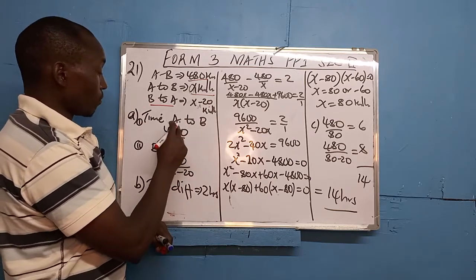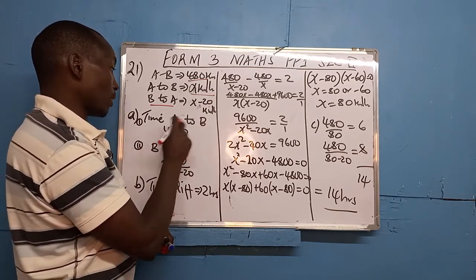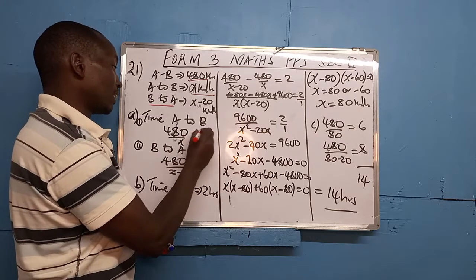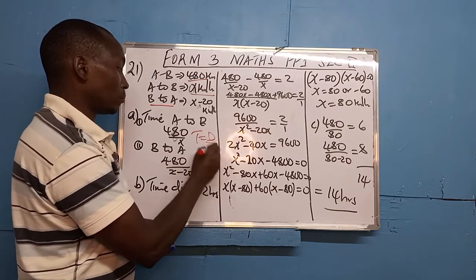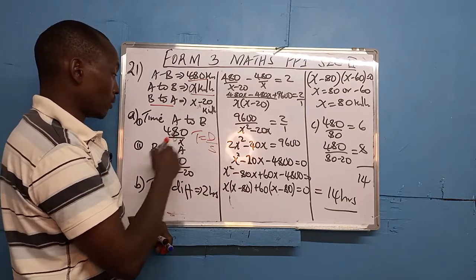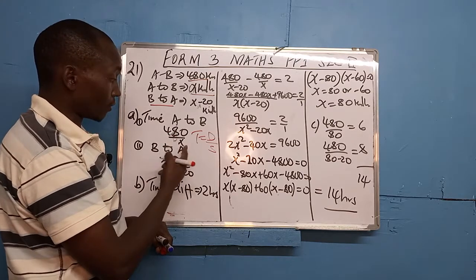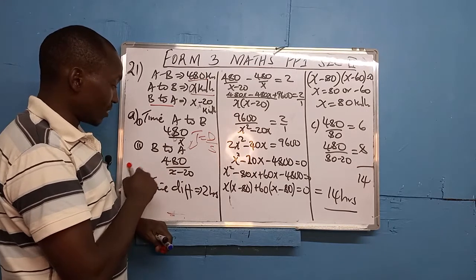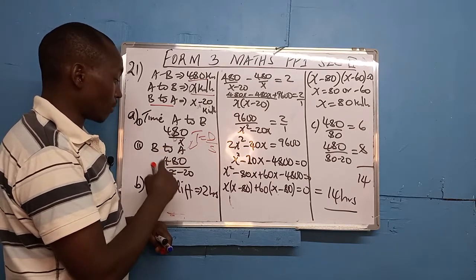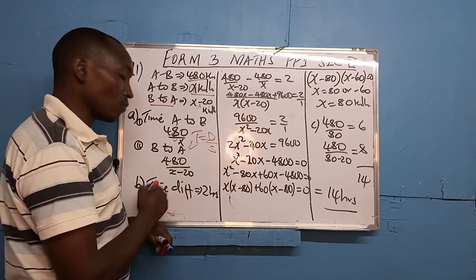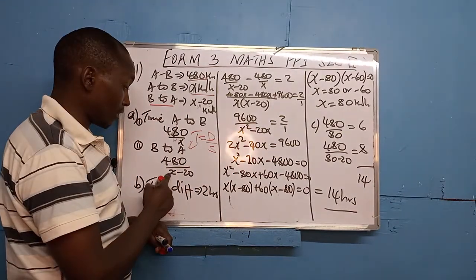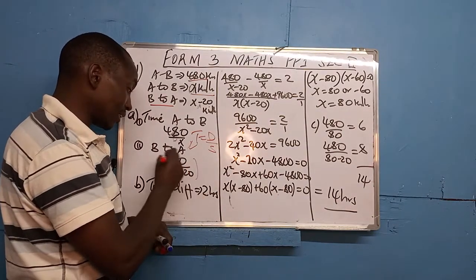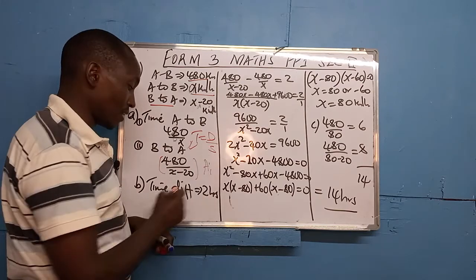So the expression for the time taken from A to B, remember time is distance over speed. So it will be the distance 480 divided by speed, x. So the first expression there. Then the back journey from B to A, it will be 480 divided by the speed for the return journey, x minus 20. So it is just an expression, another answer there.